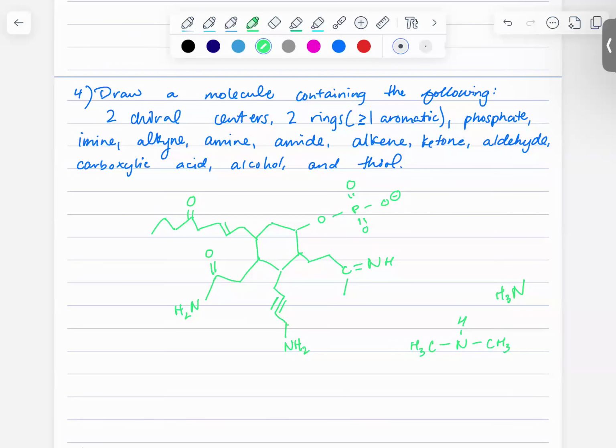What is an aldehyde? Very similar to a ketone. That's a carboxylic acid. What's up?